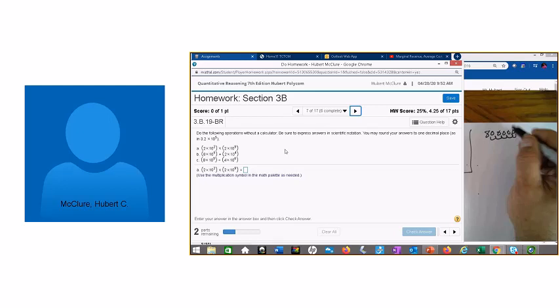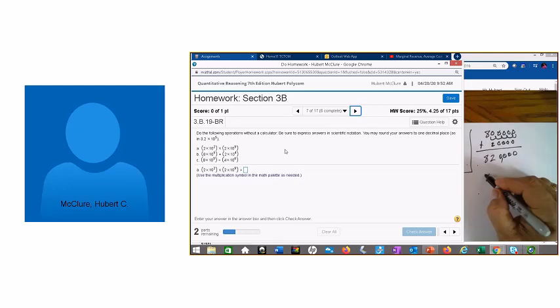Okay, 5 zeros, plus 2 with 4 zeros. So 1, 2, 3, 4. And that's going to be 820,000. And that would be 8.2 times 10 to the 5th power.